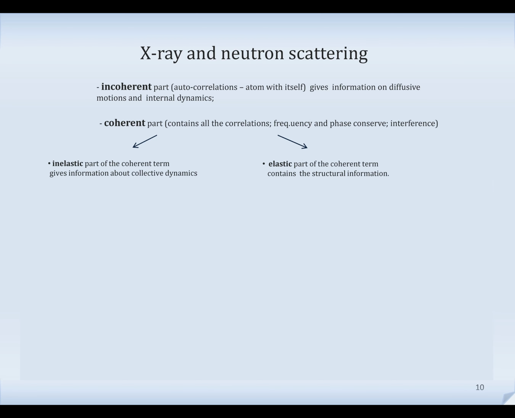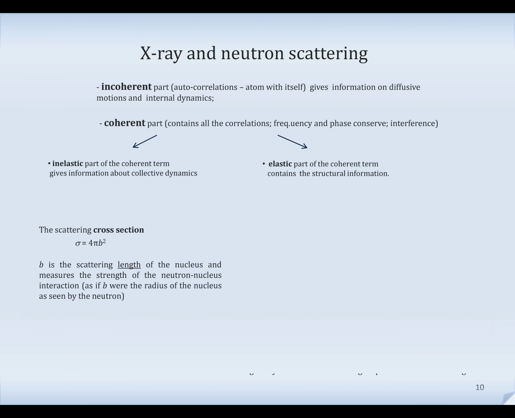So for diffraction, we have to take the elastic part of this coherent scattering because we have to conserve the energy of the incident and scattered beams.